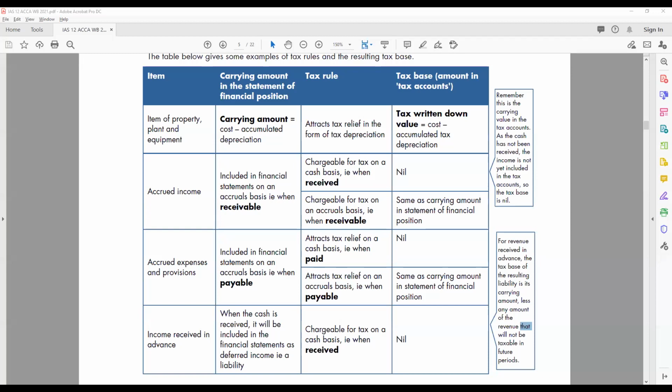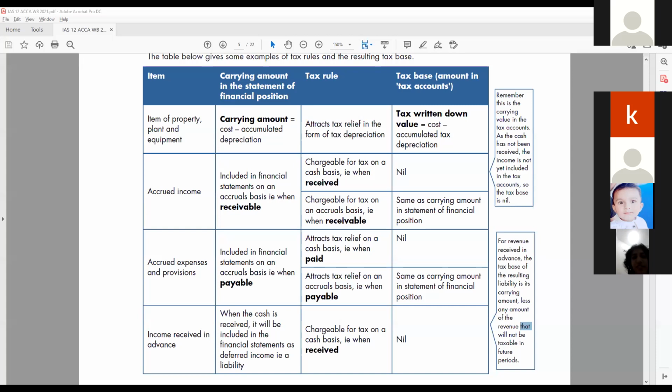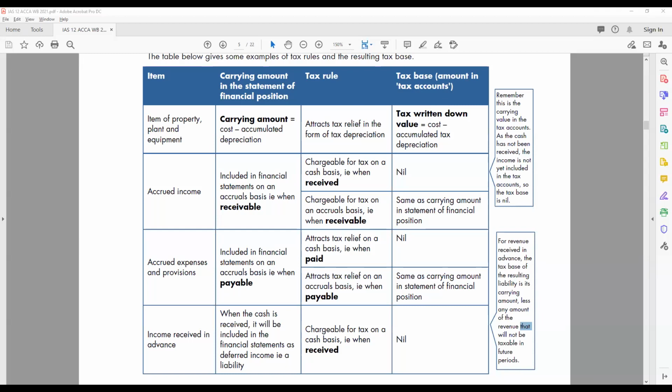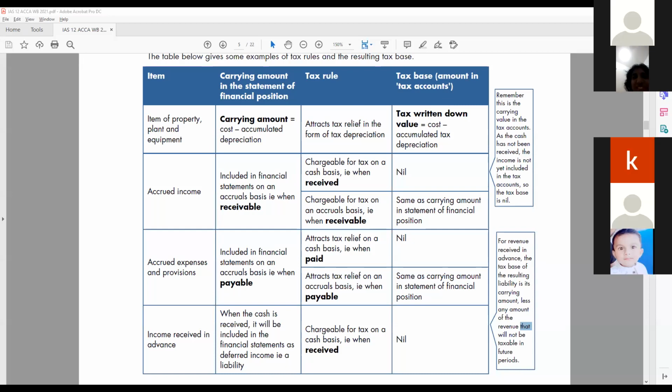Com 68, are you there? Yes, sir. So which category does it fall in? Is it accrued expense or accrued income? I can't hear. Please unmute your mic.